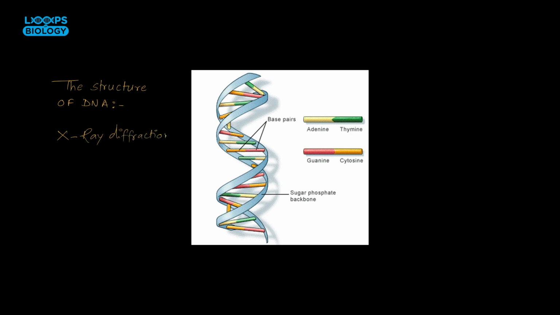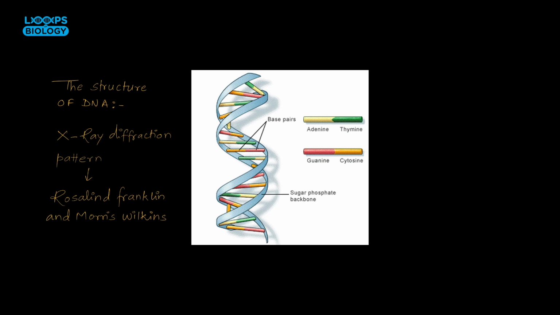This pattern was found by two scientists, Rosalind Franklin, a lady, and Maurice Wilkins. Based on their data, the structure of DNA has come out to be a double helical structure.